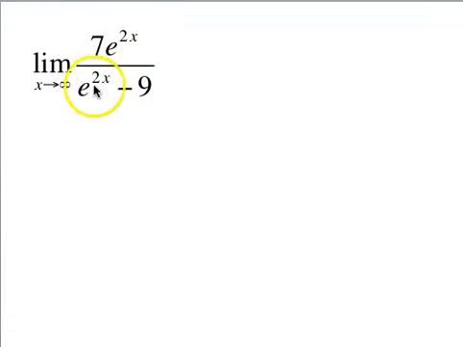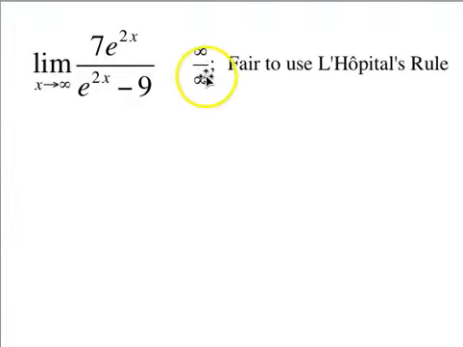Same thing for the denominator: e to the 1,000,000 is very, very large, and if I subtract 9 from a very large number, it is still a very large number. So the top is tending to infinity, the bottom is tending to infinity. That's one of our cases where it's fair to use L'Hopital's rule, an infinity over infinity case.